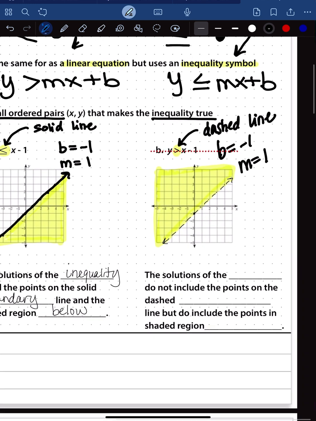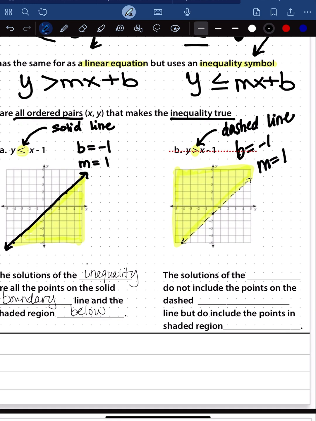So we describe it as the solutions of the inequality do not include the points on the dashed boundary line, but do include the points in the shaded region above.